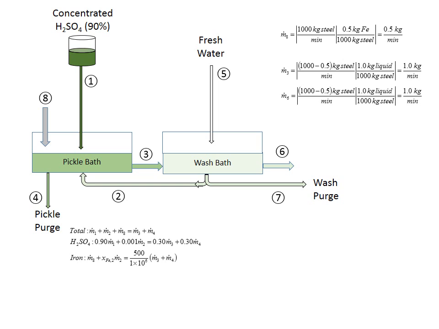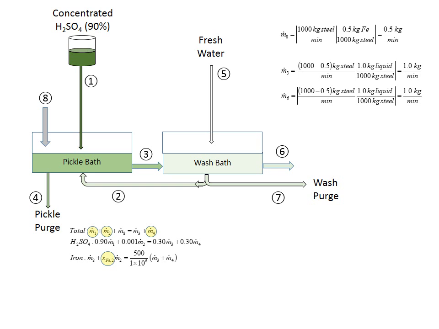And that should equal what's leaving. Well, we are targeting a concentration of 500 parts per million of iron in the pickle bath solution. So its mass fraction is 500 divided by 1 million. And we'll multiply it by the sum of the 2 flow rates, m.3 and m.4.